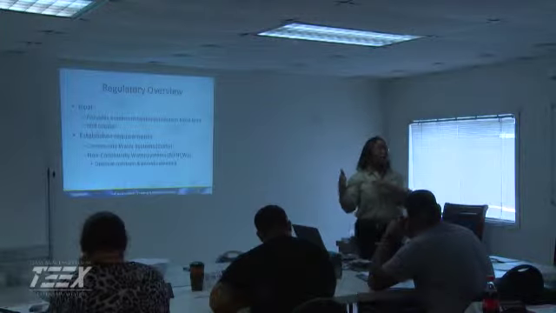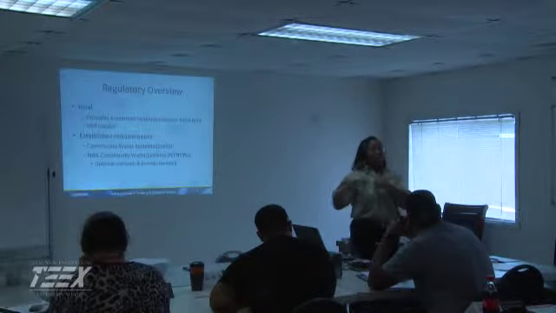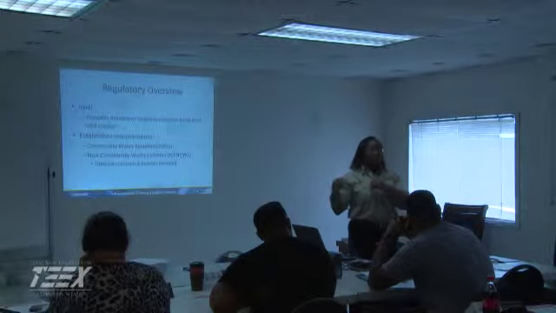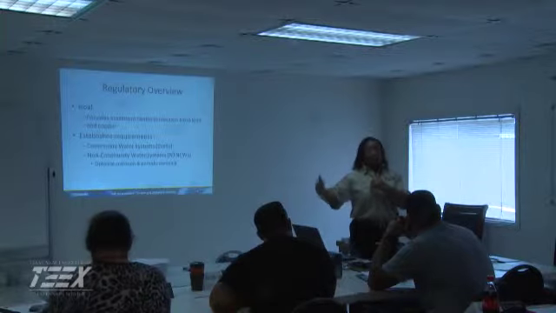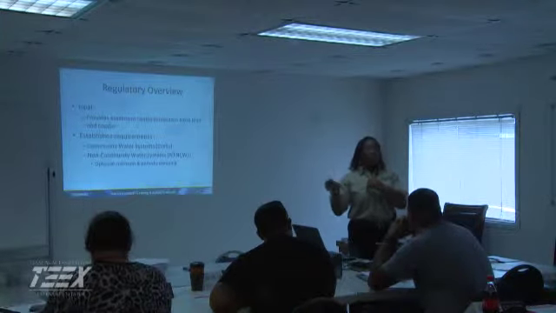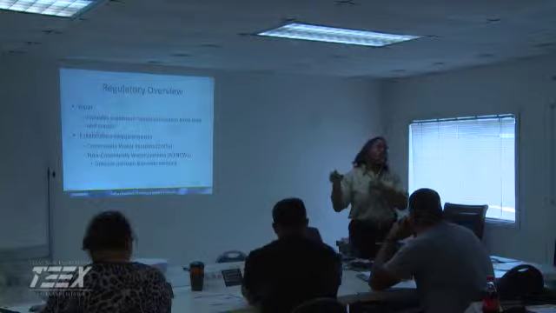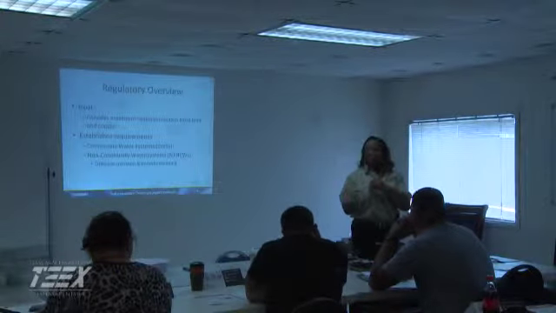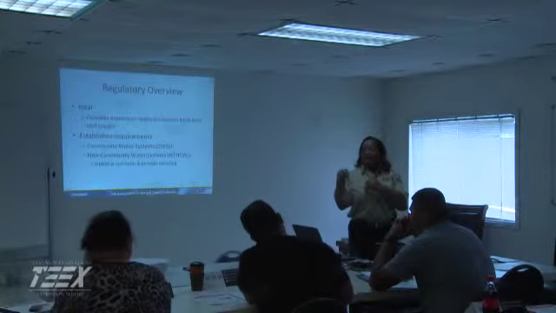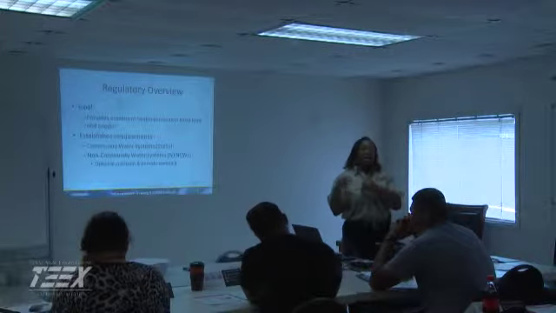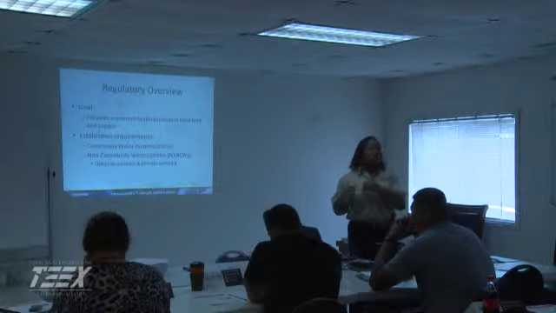So let's start with non-community water systems. We still have a minimum of 15 service connections, 25 individuals, for at least 6 months out of the year. I can provide them with water for public consumption for more than 6 months, but a minimum of 6 months. Of those types of non-community systems, they can be transient or non-transient.